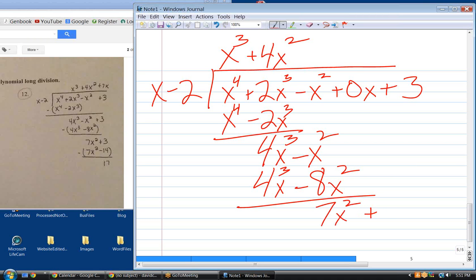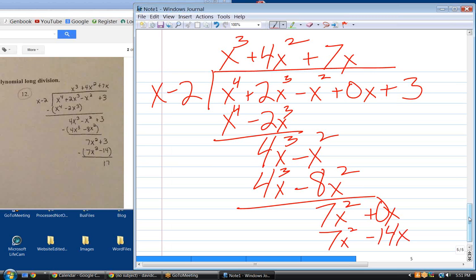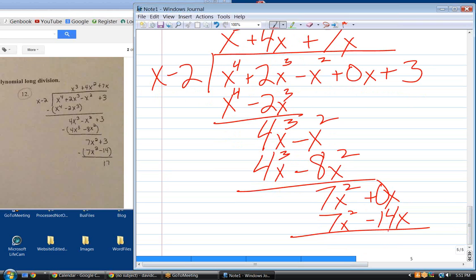And then you need to drop down the 0x. And then it'd be plus 7x. So then that would be 7x squared minus 14x.